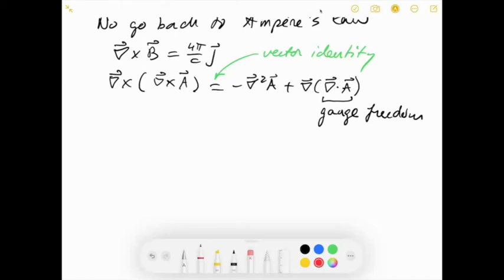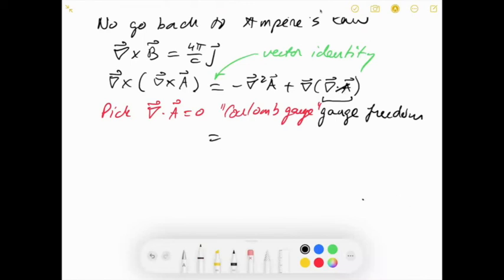So we're going to pick the divergence of A as 0, and this is known as the Coulomb gauge. In that case, we go back to our equation.